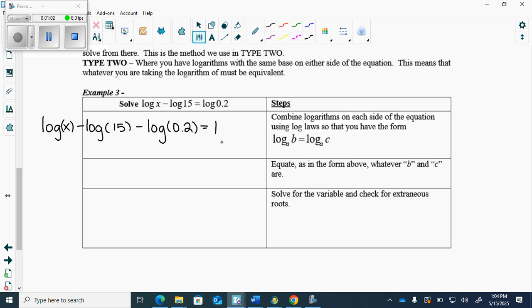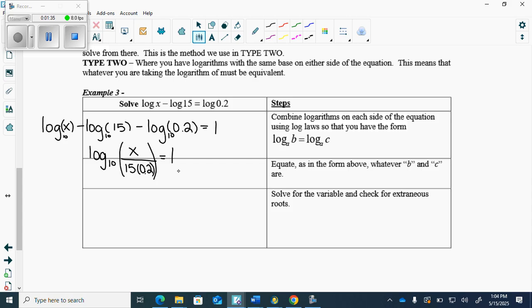Now we have terms with logs on one side and a number on the other. Base 10, base 10, base 10. So you get log base 10 of x in the numerator, and 15 has a negative 1 in front, and 0.2 has a negative 1 in front, so I get 15 times 0.2, equals 1.